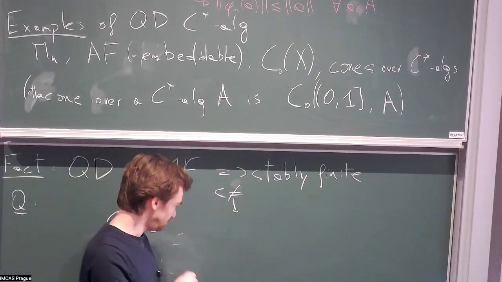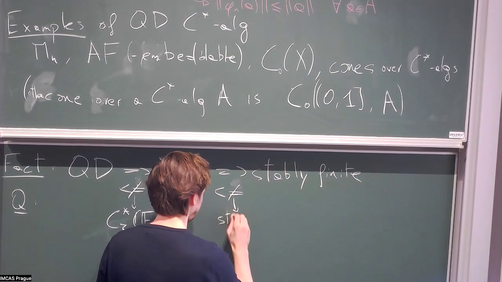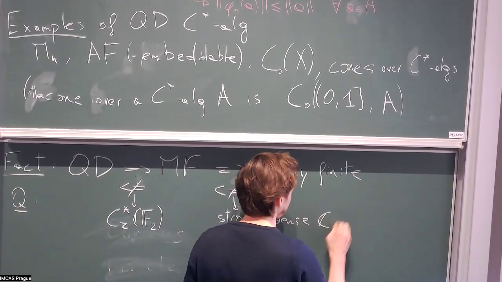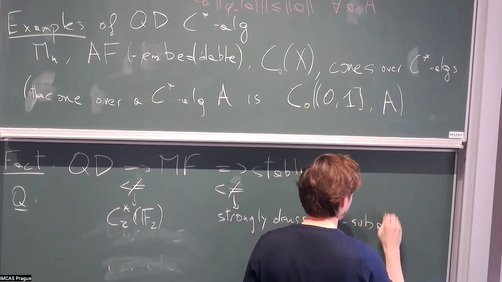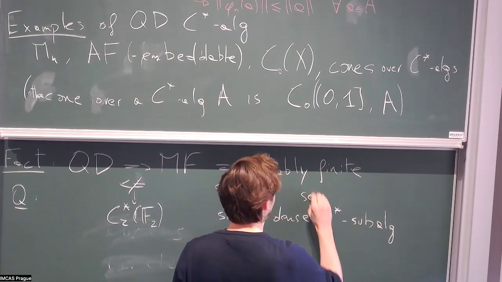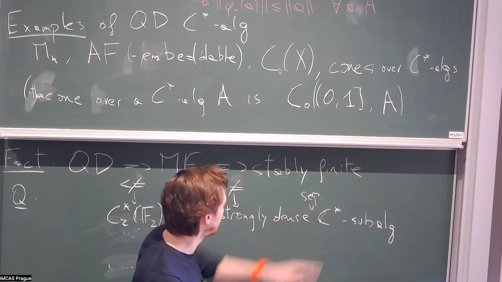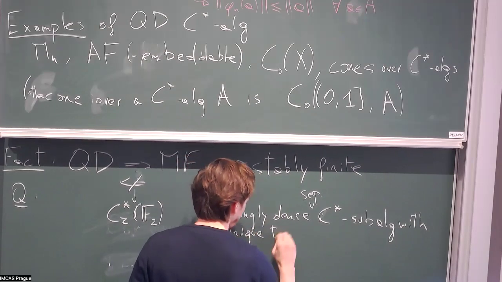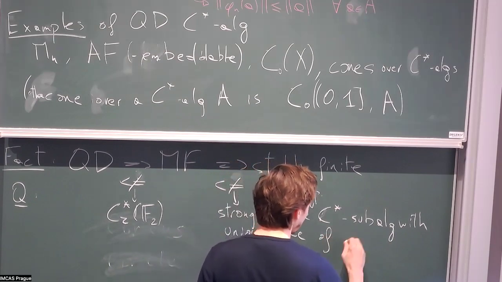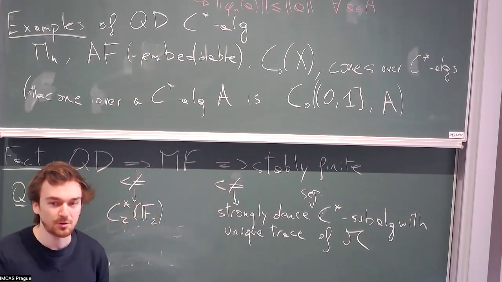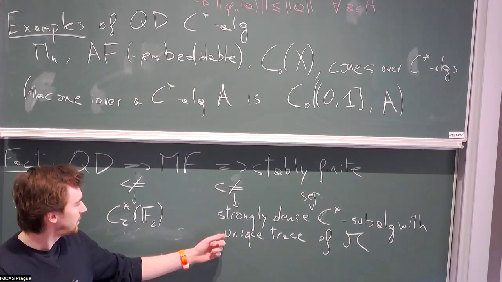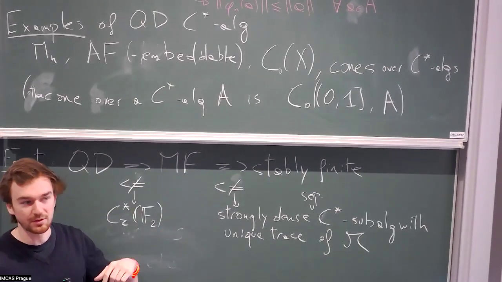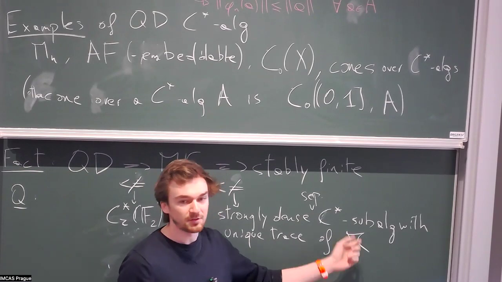So if you take a separable strongly dense C-star subalgebra with a unique trace of M, where M is a II_1 factor which is not Connes embeddable, then this cannot be quasi-diagonal, because that would imply that it embeds into Q omega, and therefore its strong completion would embed into R omega.